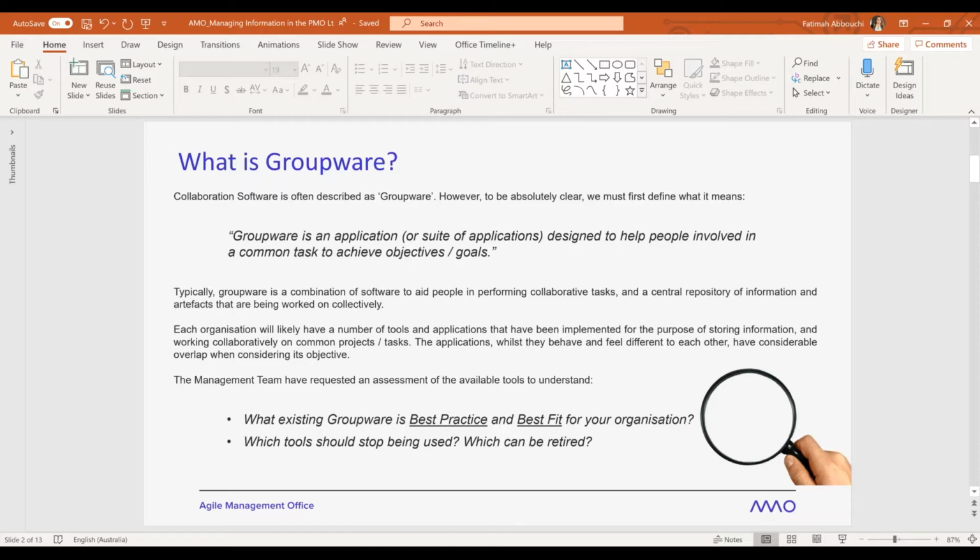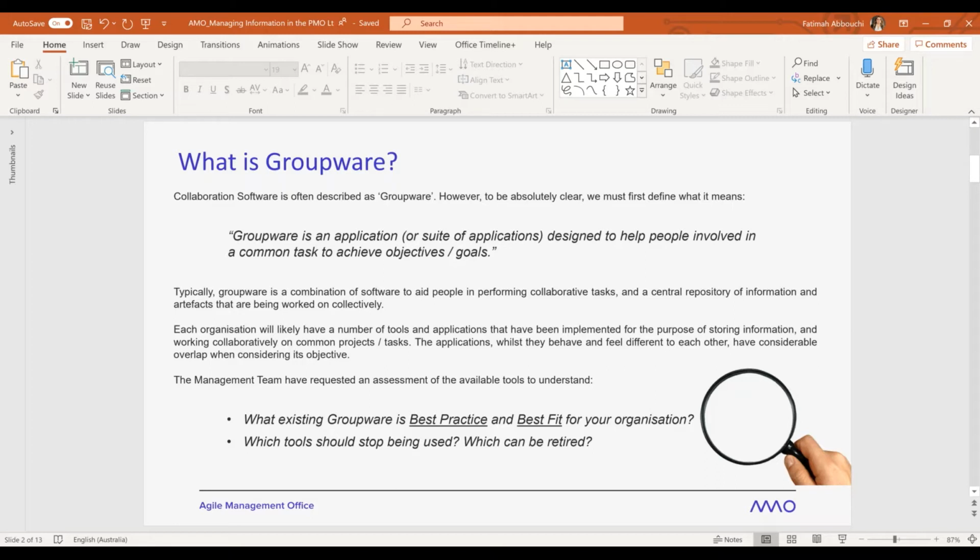So when we think about Groupware, one of the things that usually is undertaken as part of our capability assessments for clients, is actually undertaking an assessment of their existing tools and understanding where those tools are, whether they exist.